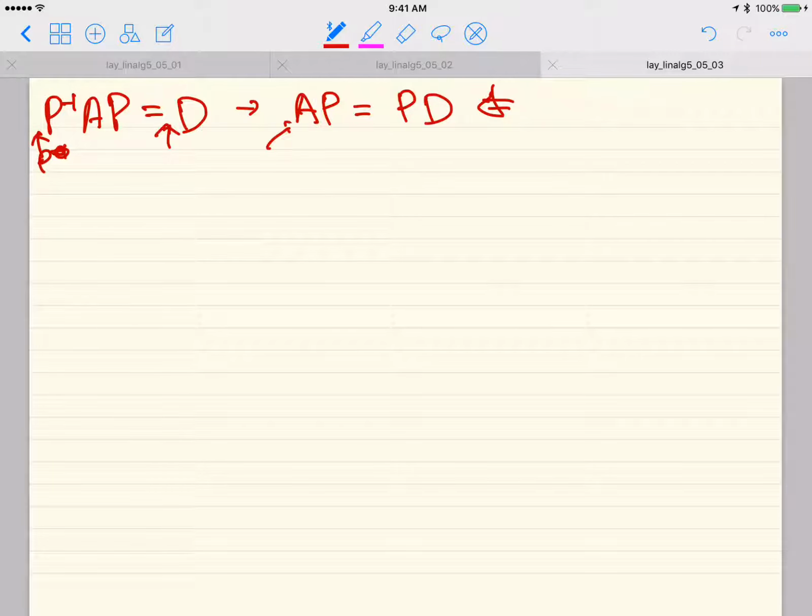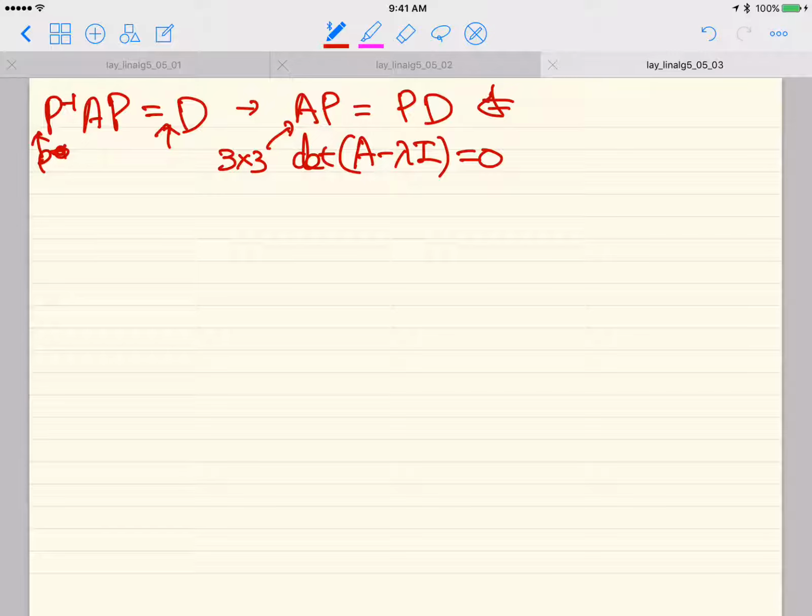So A is a three by three matrix, and let's first compute the eigenvalues and eigenvectors. We would compute the characteristic polynomial of this and then set it equal to 0, right?